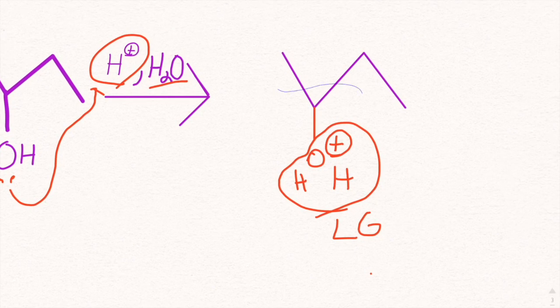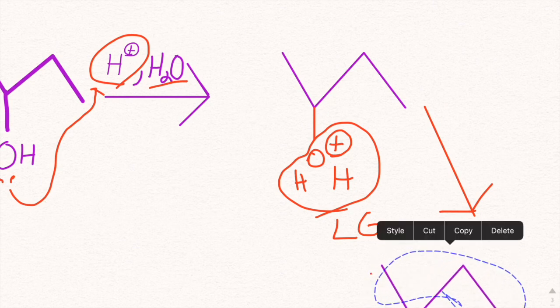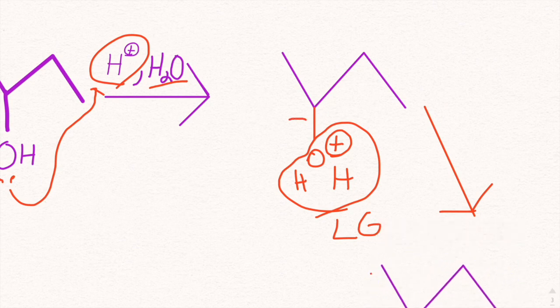So let me copy this carbon skeleton for us for the next step that actually begins the E1 mechanism itself. That's our leaving group leaving, remember? So we're off to our actual mechanism. Our leaving group leaves, which looks like it's taking the electrons with it.